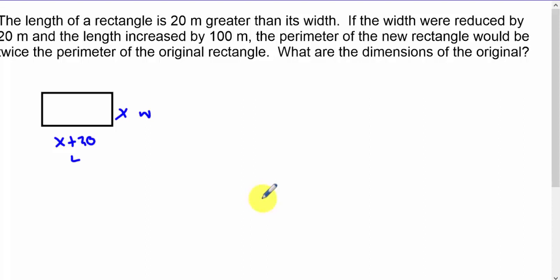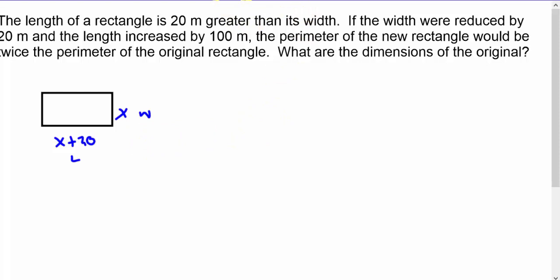All right. And then if the width of the rectangle, so this part, is going to be reduced by 20, and the length is increased by 100, the perimeter of the new rectangle is going to be twice the perimeter of the original. So we're going to shrink this guy in the tall sense and expand it in the length sense.